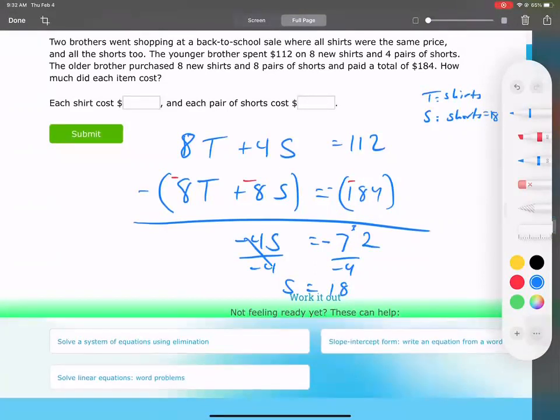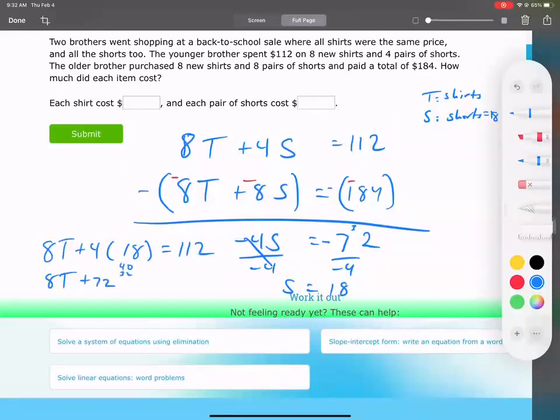Let's go and figure out what the t-shirts were. Let's use one equation on top. 8t plus 4s, which is $18. This equals 112. Because we know what the shorts are now. So 8t plus, okay, 4 times 18 is 40. 4 times 10 is 40. 4 times 8 is 32.